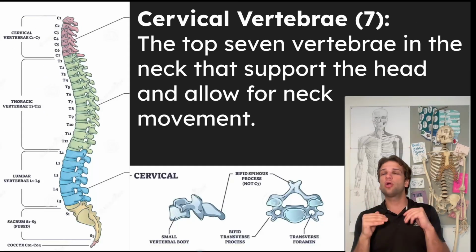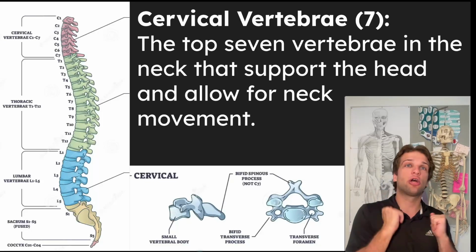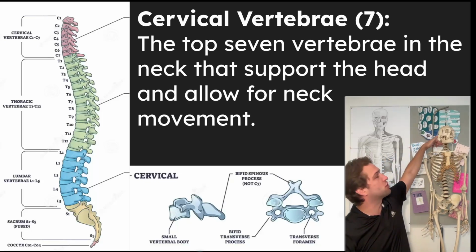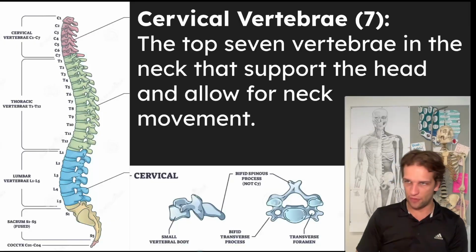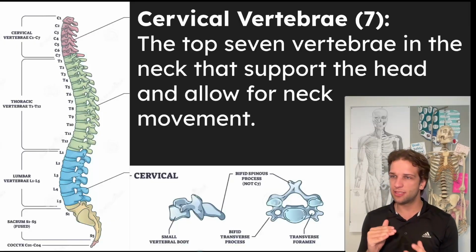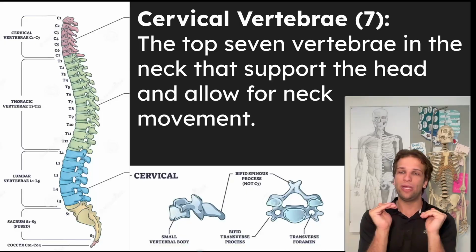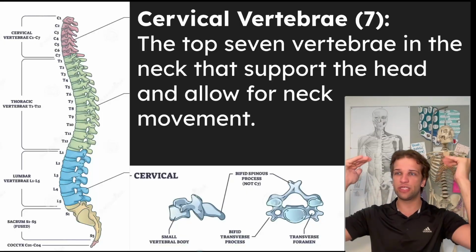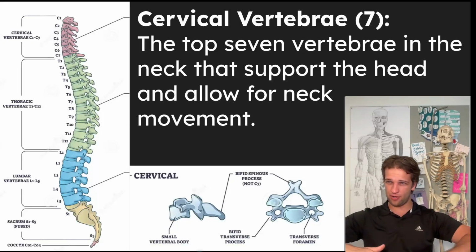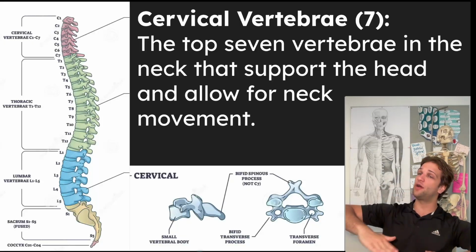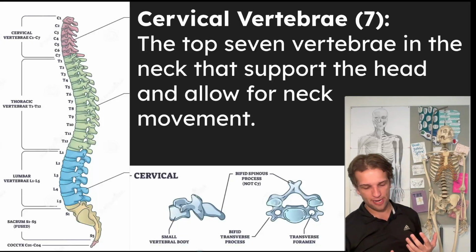And so for our regions, we're going to start up at the top with our cervical region. There are 7 cervical vertebrae. For our numbers, I'm going to give you the rule. We have 7 of our cervical, the top vertebrae, 12 of our thoracic or the middle vertebrae, and then 5 of our lumbar or the lower vertebrae.